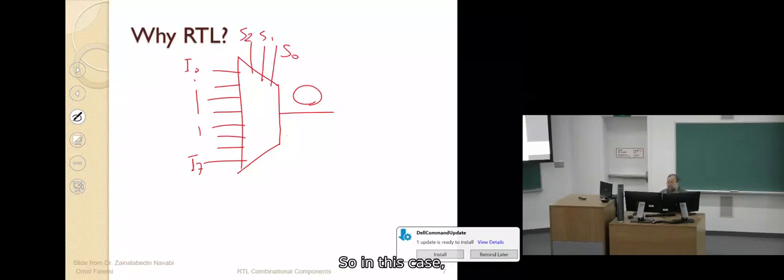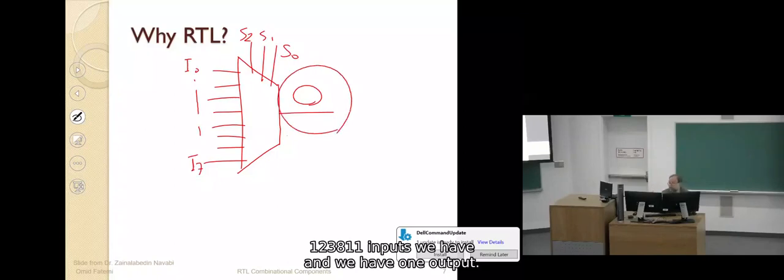So in this case, how many inputs do we have for our design, for our truth table? 8 plus 3, 11 inputs we have, and we have 1 output. So if I want to draw the truth table for this, I have to make a table with 2 to the 11, which is 2048 rows.